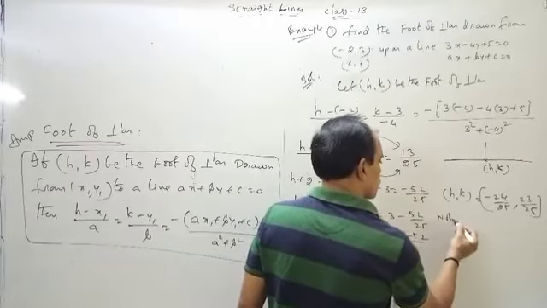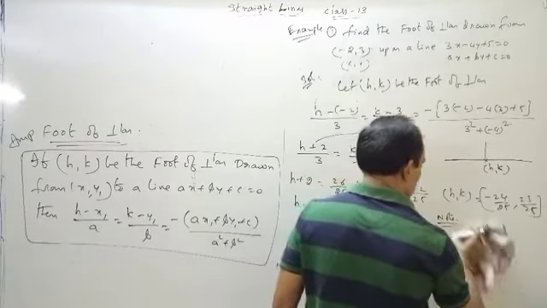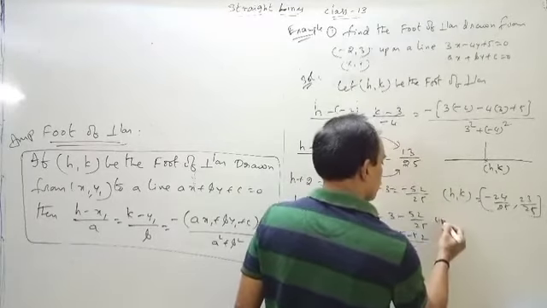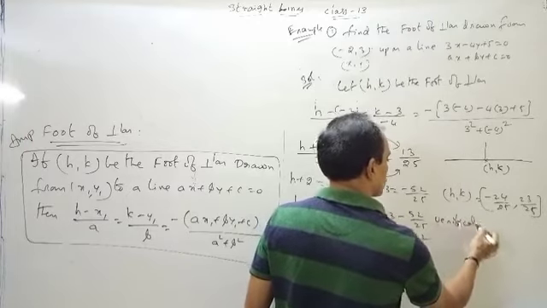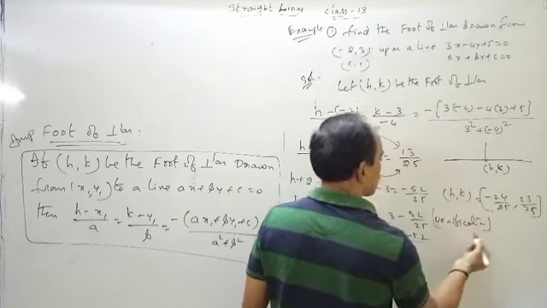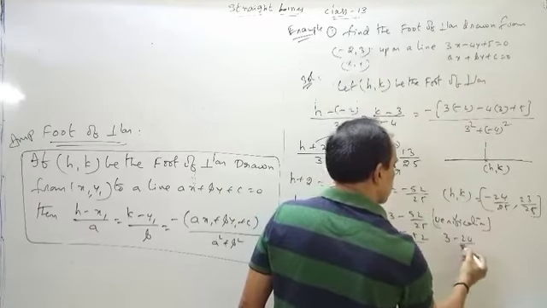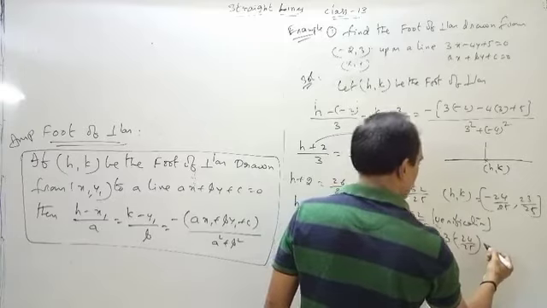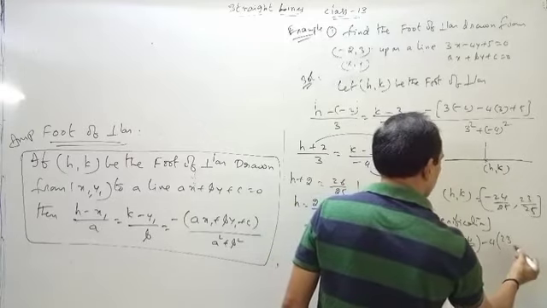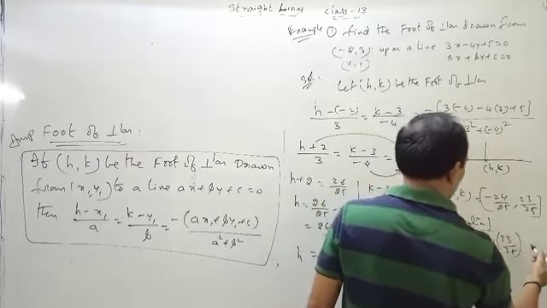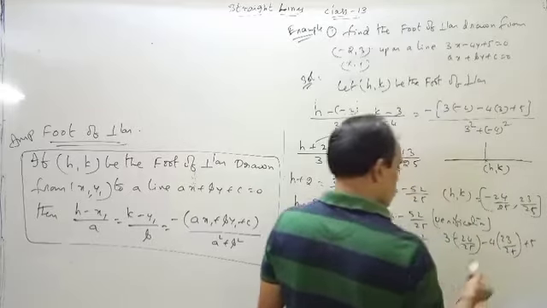Note. Verification. Note and verifying. Verification. Our answer is correct or wrong? Just 3 of x. X means minus 24 by 25 minus 4 of y 23 by 25 plus 5. So what about the LCM?